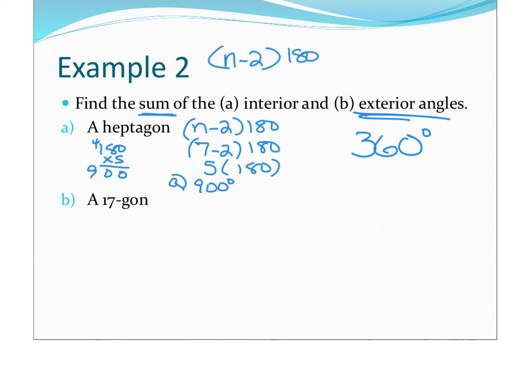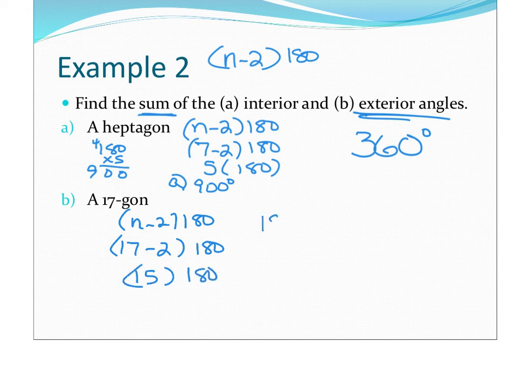Now we're going to do a 17-gon. I'm still using the same formula. This time I don't have to memorize a special word. I'm still doing the n-2 times 180. So I do 17 minus 2, which is 15, times 180.